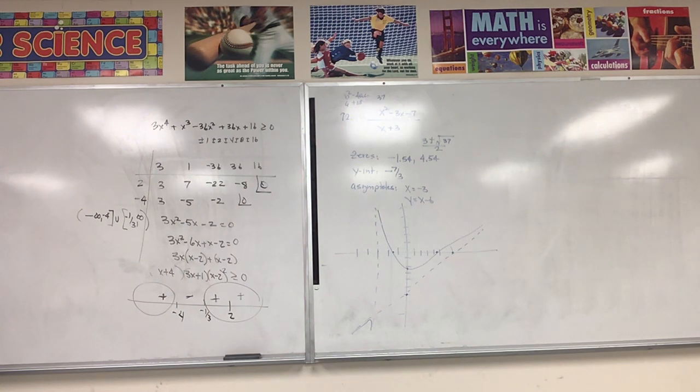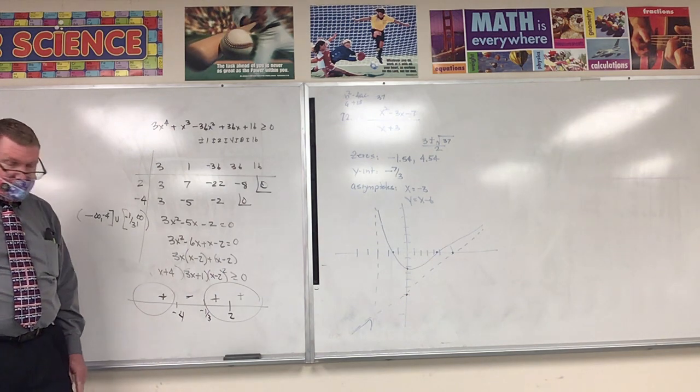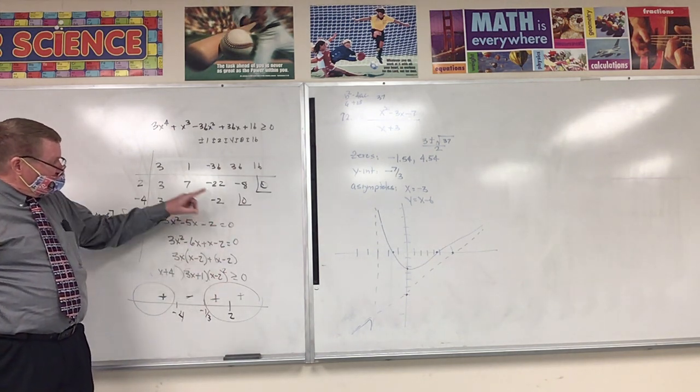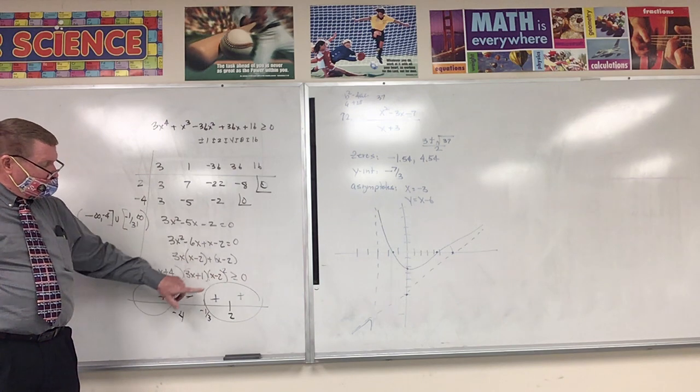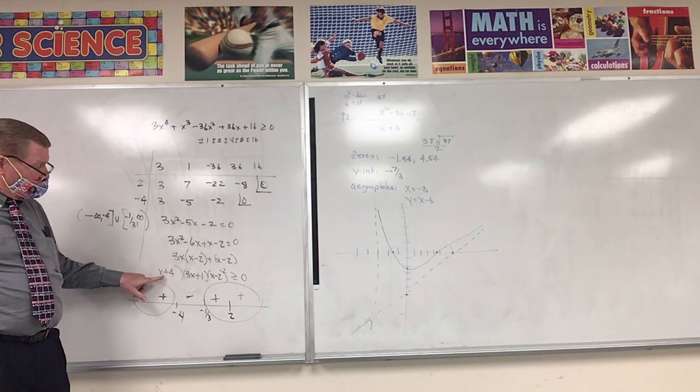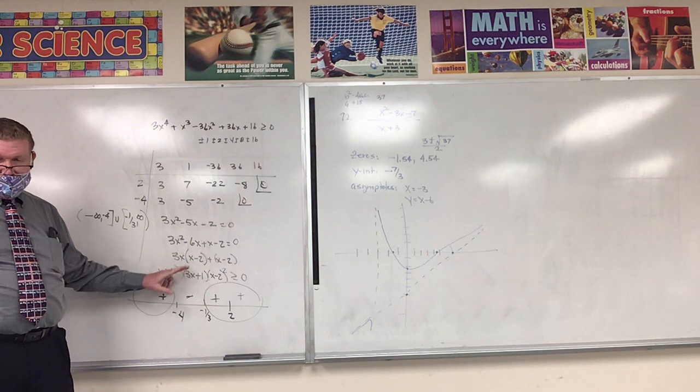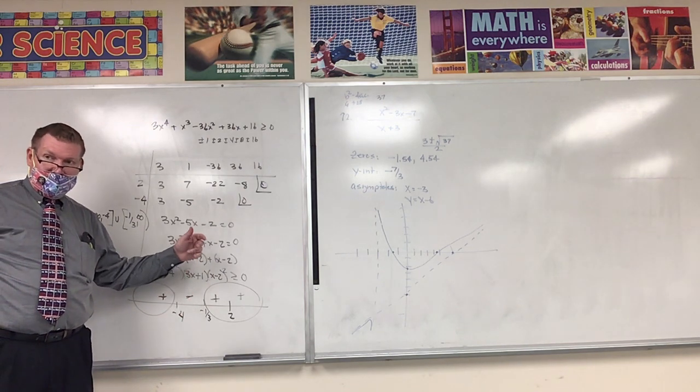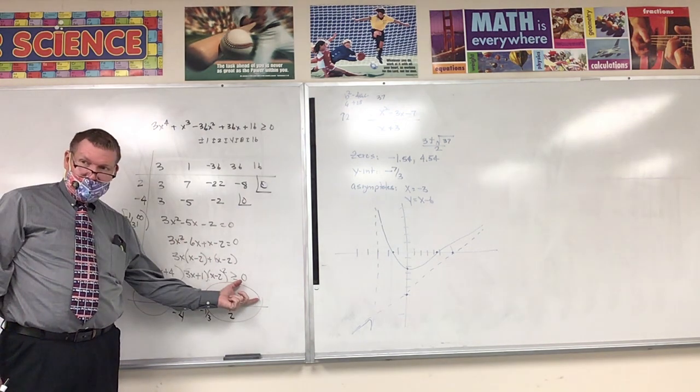Questions on that one? When you do the line with the chart thing right here, what are you looking for? Zeros. So like with the plus and minuses, what does that represent? If I'm above or below. So if I put a 3 in, 3 minus 2 is 1, is positive, 10, positive, 7, positive, positive times a positive times a positive is a positive, so I know this side is positive.